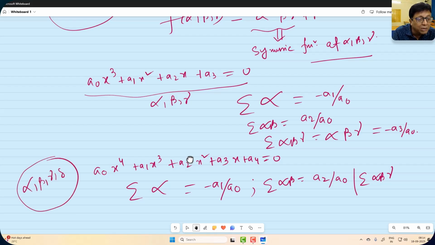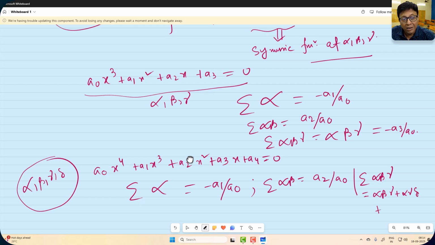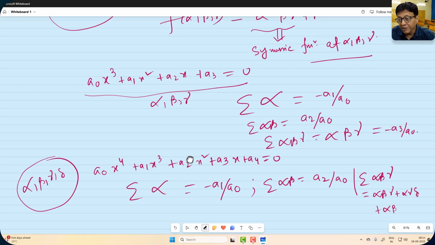You have to consider combinations of all the roots. Like here, if I simplify it, it is alpha beta gamma plus alpha gamma delta plus alpha beta delta plus beta gamma delta. 4C3, four combinations are there.